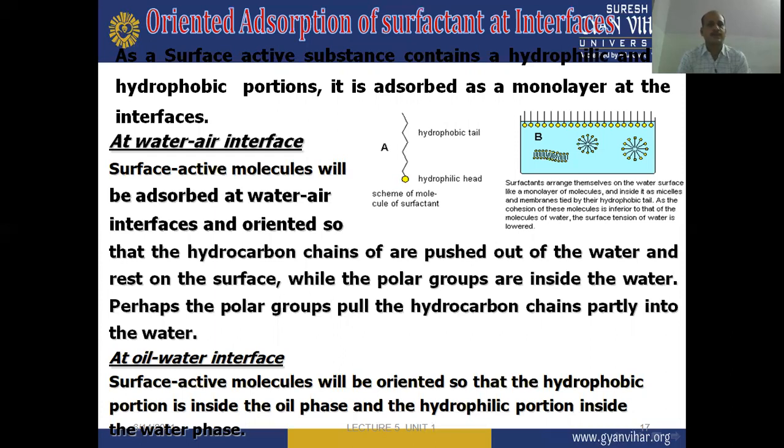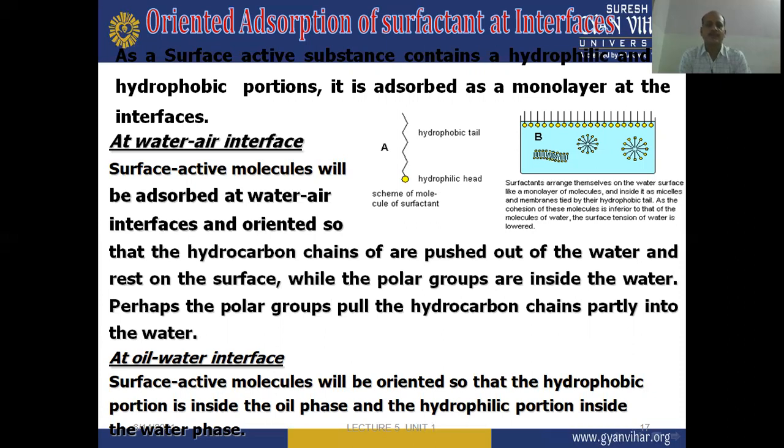As a surface active substance contains a hydrophilic and a hydrophobic portion, it is adsorbed as a monomolecular layer at the interfaces. You can see the diagram here, where part A shows the hydrophilic head and hydrophobic tail of a surfactant molecule, and in diagram B, the surfactants arrange themselves on the water surface like a monomolecular layer of molecules, held together by their hydrophobic tails.